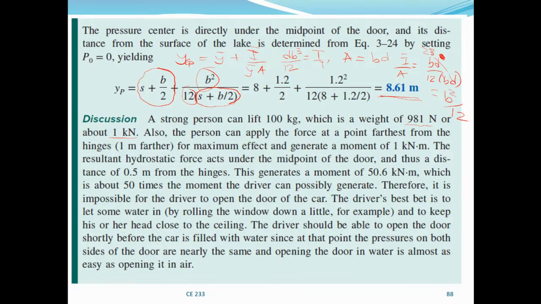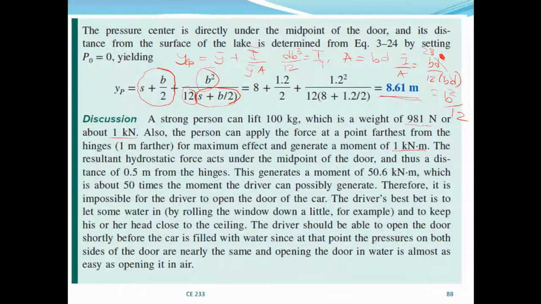Now, the person can apply the force at a point farthest from the hinge. A door has a hinge, okay? So let's say 1 meter. When you apply the force, let's say 1 kilonewton at 1 meter, what is the moment generated? 1 kilonewton meter, okay? So it's 1 kilonewton times the distance 1 meter.